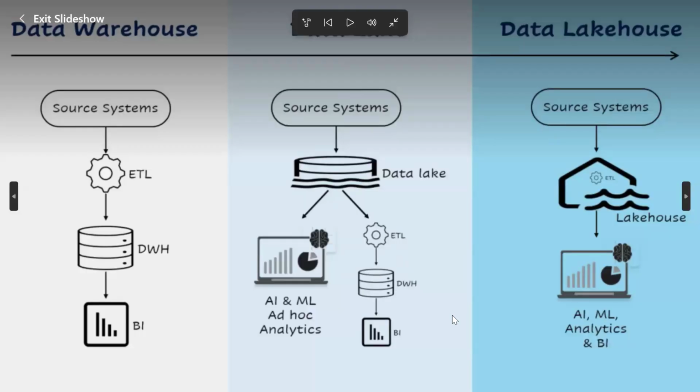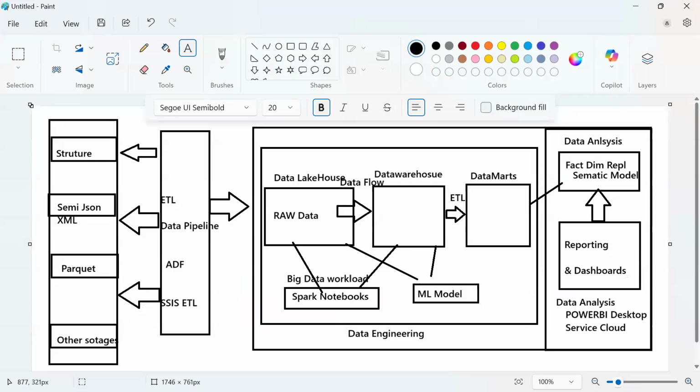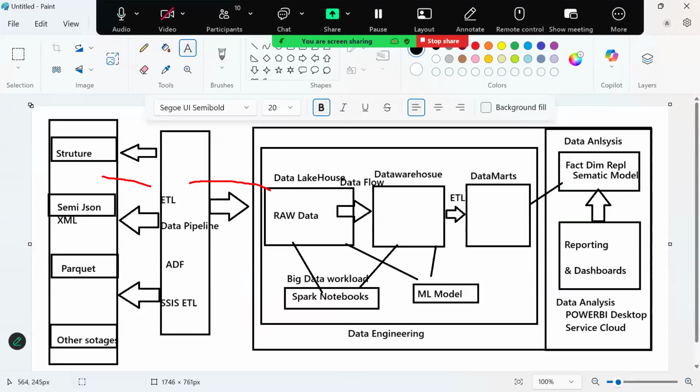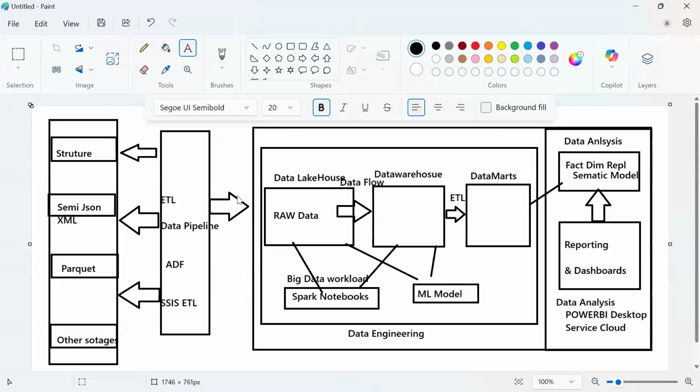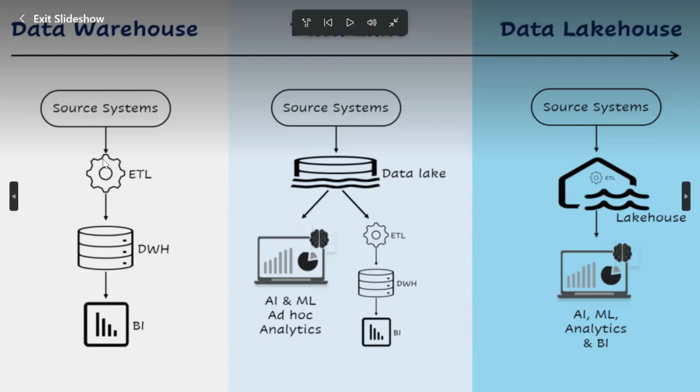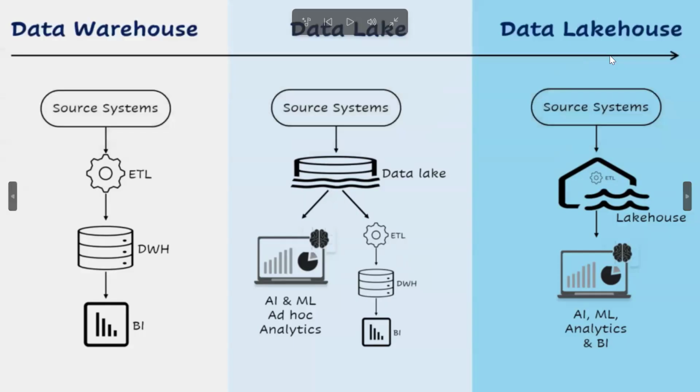Similarly, in this case, whatever data is there, first land it into a data lakehouse. So why lakehouse? What is the use of the lakehouse? Maybe you have heard about the lakehouse. The lakehouse is nothing but the properties of the data warehouse combined with the data lake properties.